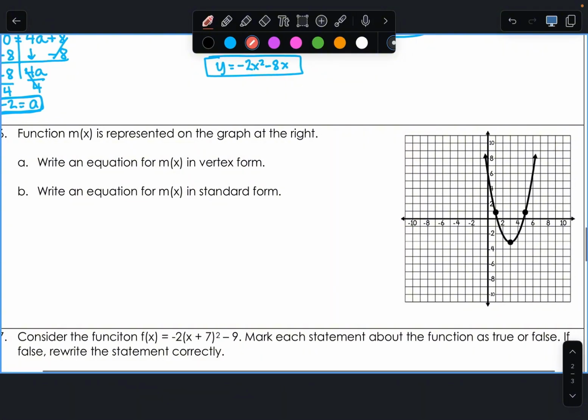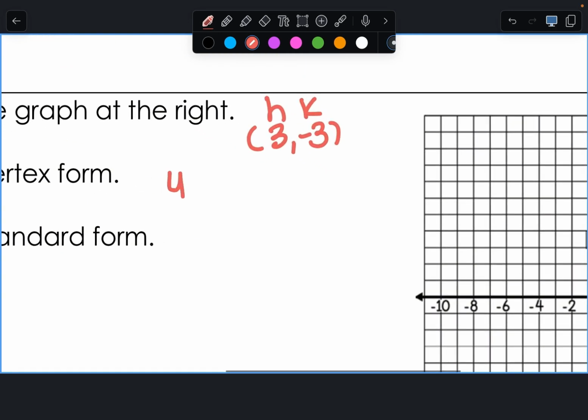Number 6, it says writing the equation in vertex form from the graph. So if I need to write the equation in vertex form, what do I need from the graph? The vertex. So my vertex is my h and k. What is the vertex? 3, negative 3. All right, so when we plug it in, we get y is equal to x what?